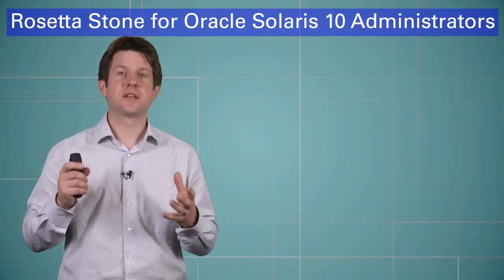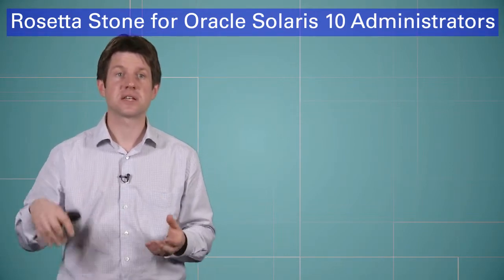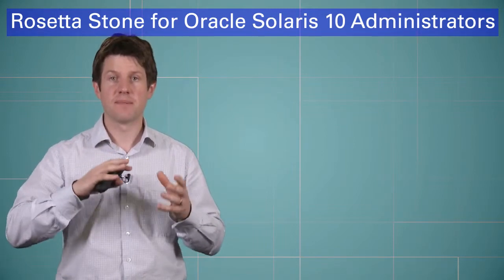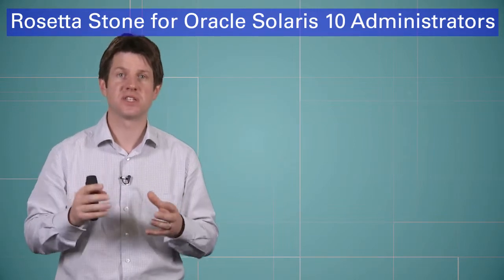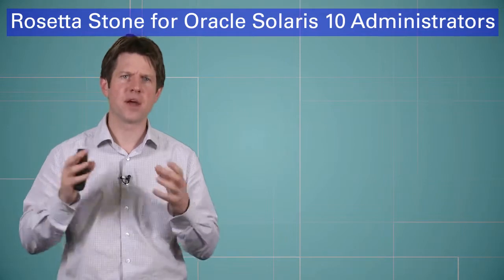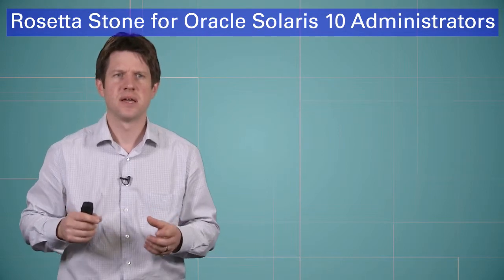So let's look at some of the changes between Oracle Solaris 10 and Oracle Solaris 11. We've replaced a lot of the core provisioning and software management infrastructure and technologies in Oracle Solaris 11 to be more automated, more integrated, and to best position people to start moving their environments towards the cloud.